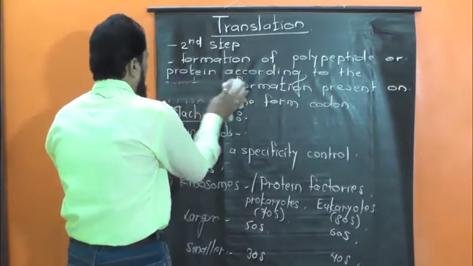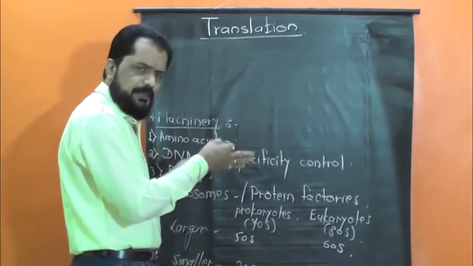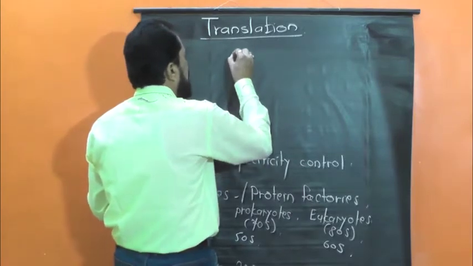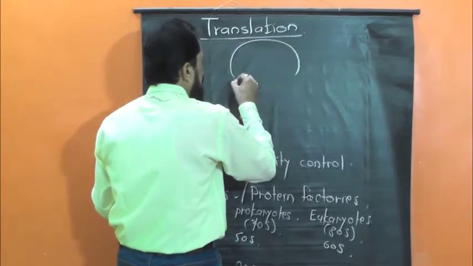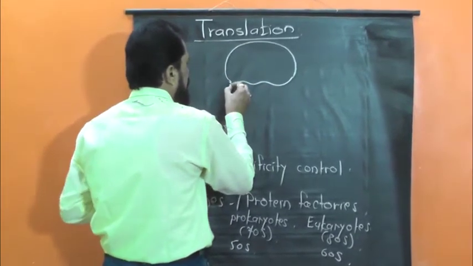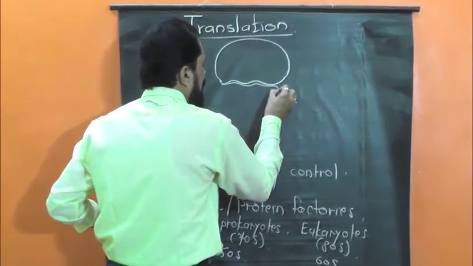Please look here. I said just now, each ribosome has two subunits. Consider here is the larger subunit of the ribosome and here is the smaller subunit.